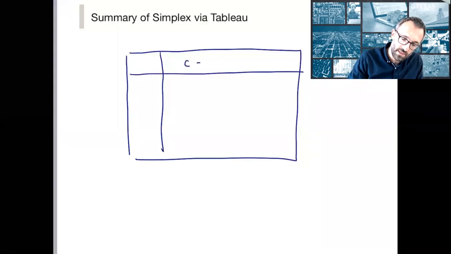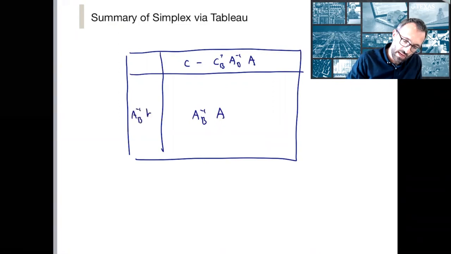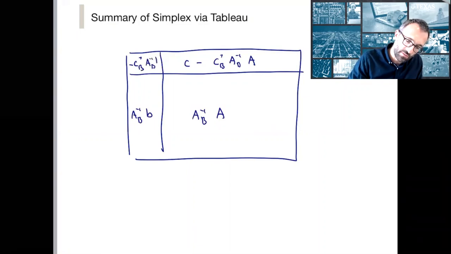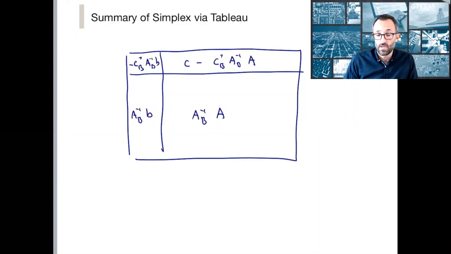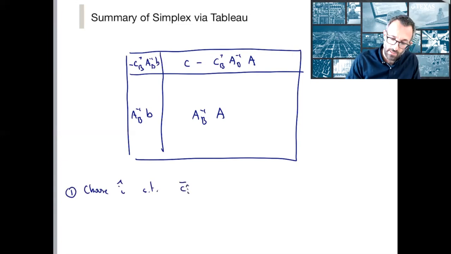Up top we have C minus C_B transpose A_B inverse A. Here we have A_B inverse times A. We've got here A_B inverse times B, and here we have minus C_B transpose times A_B inverse B. And the way that simplex works is step one, we choose i hat such that its reduced cost is negative.